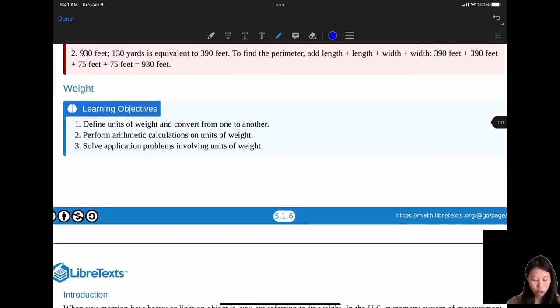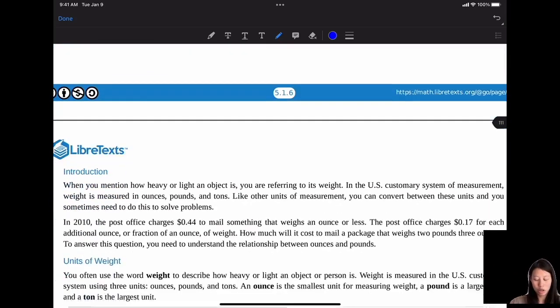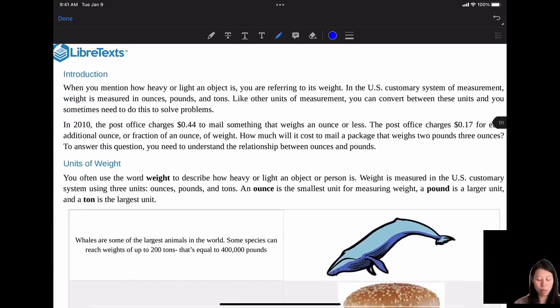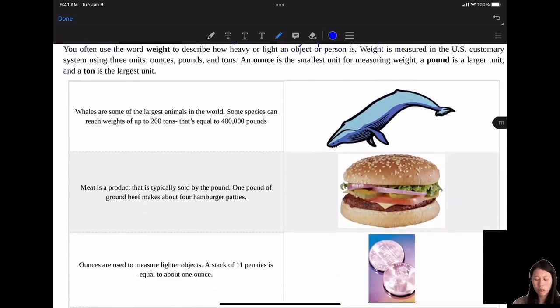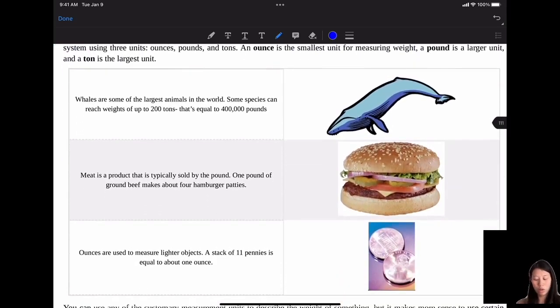Okay, so the next part we were talking about is the weight units. There are 3 types of weight units. We have ounces, the smallest one, and then we have pounds, and the largest one is tons. So when do we use ounces? 1 ounce can measure a lighter object. Pound is for a medium object.